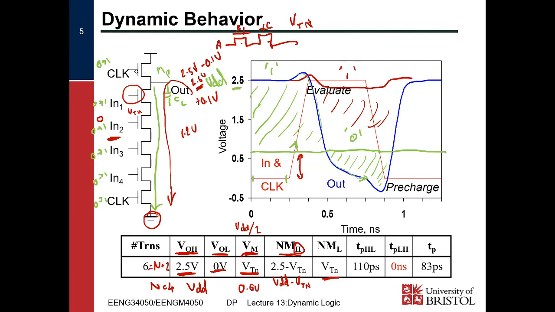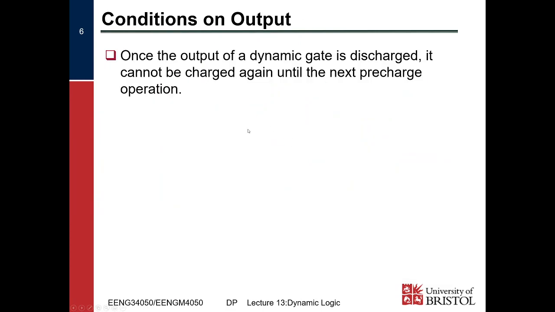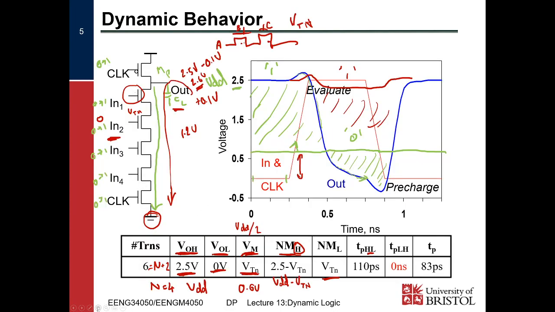What about our time characteristics, our propagation delays? So obviously we've got a high to low propagation delay. We have to discharge this CL here, right? So from the midpoint of this signal, somewhere about 1.2 volts, to the midpoint here, about 1.2 volts.